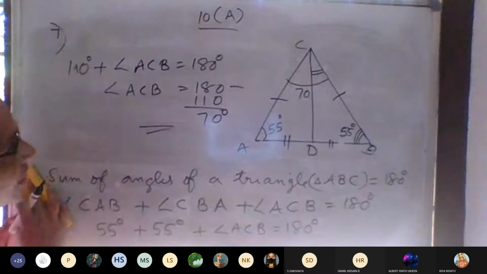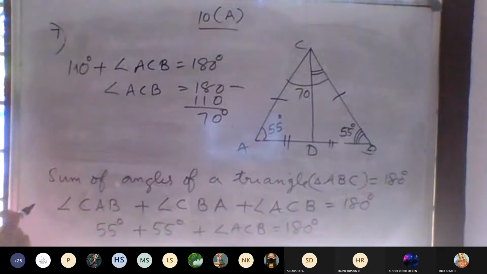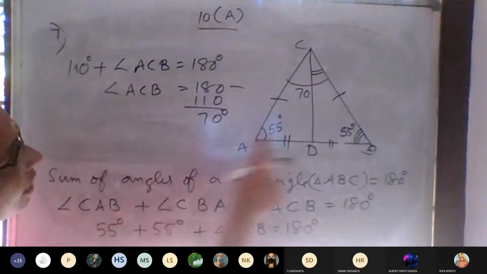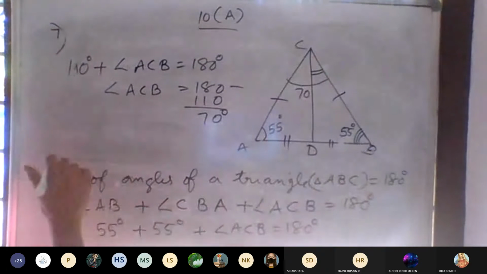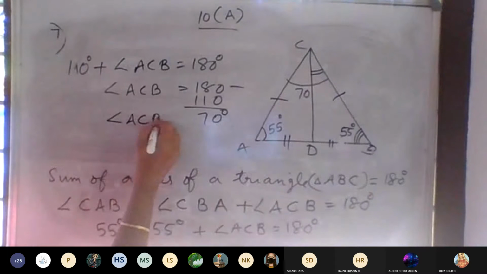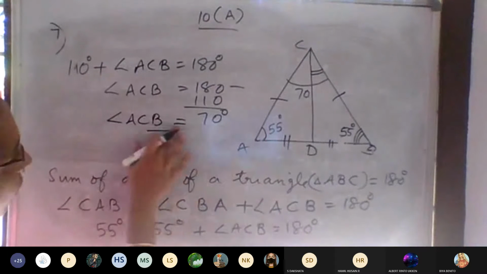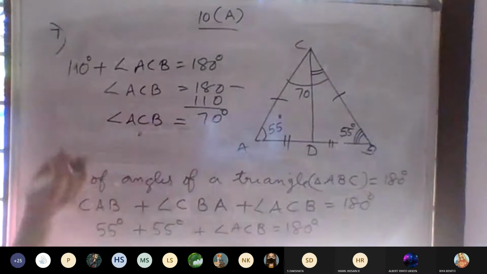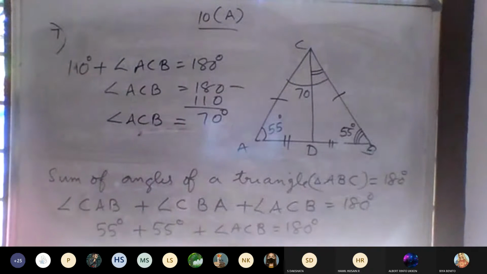So one condition is there. Think and say what will be our angle BCD. We got angle ACB is equal to 70 degrees.